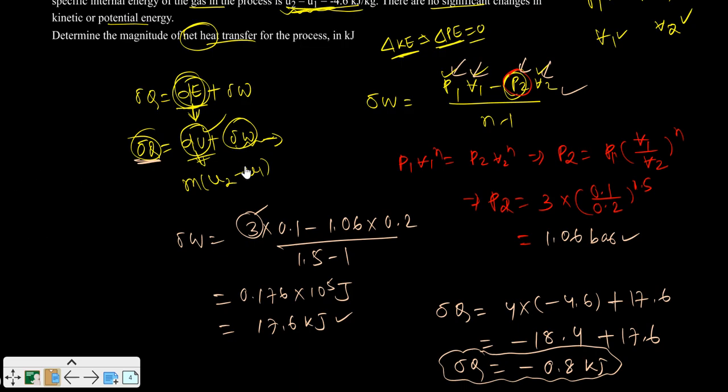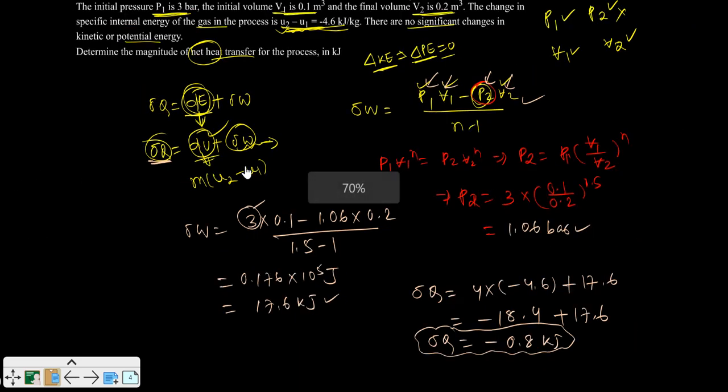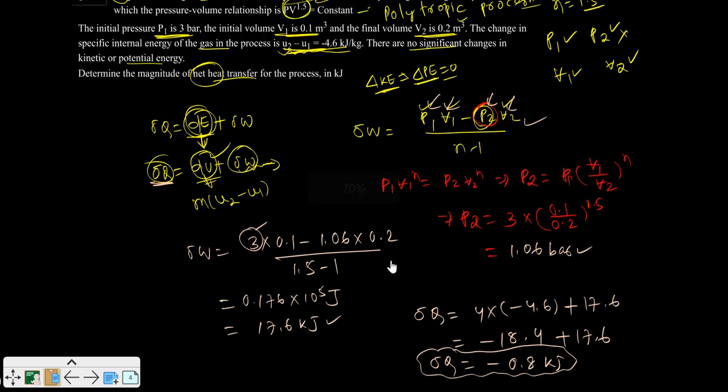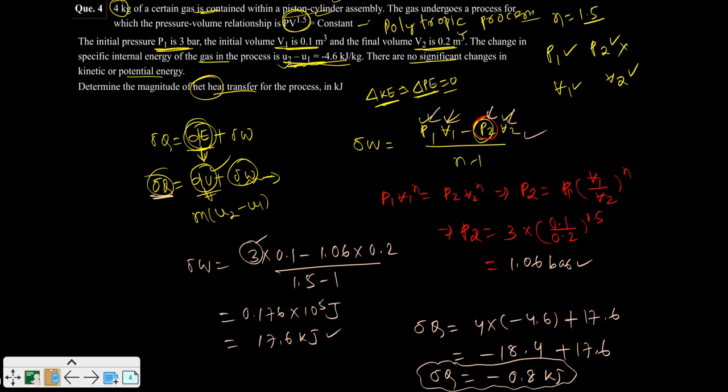Hope it was understandable. So let us check it again. So how was the question? Here we need to find out the value of del Q, and we were given the value of du, that is specific internal energy change, right? And if we multiply with this mass, then we can calculate the value of du, and then we had to calculate the value of net work interaction.